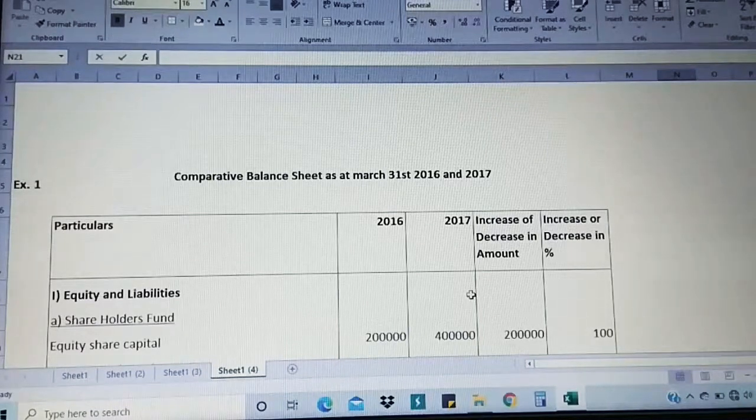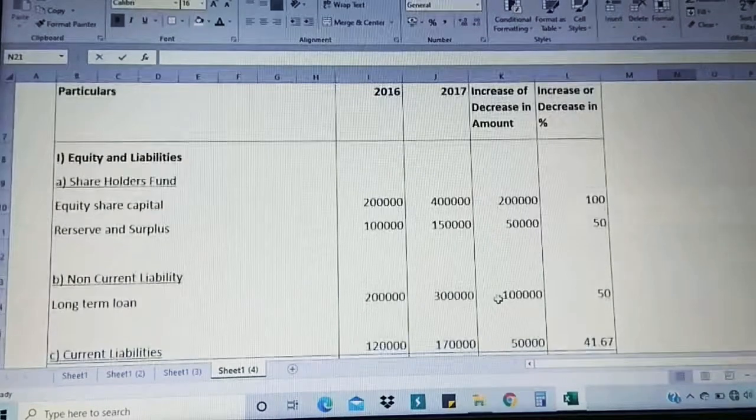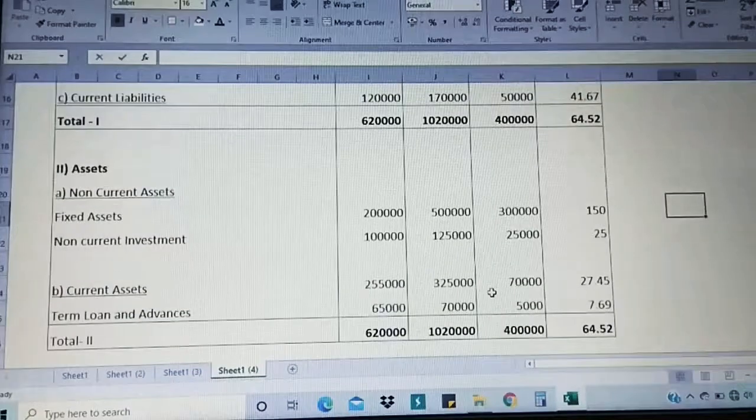You have to convert those as per the vertical balance sheet format and then start the calculation. Just observe once, the first part and the second part. Okay, students, thank you.